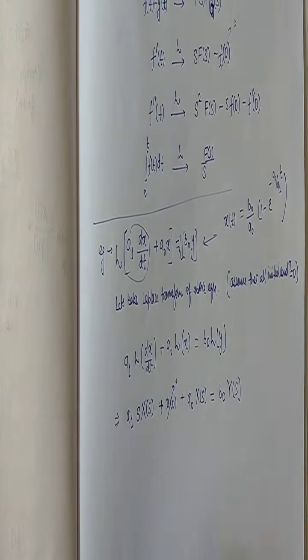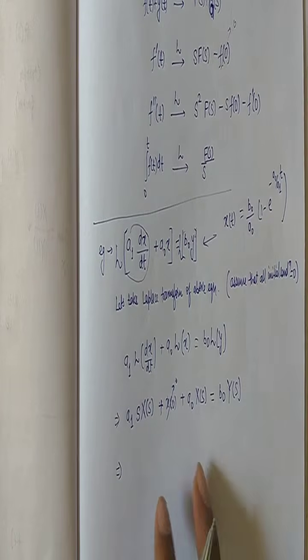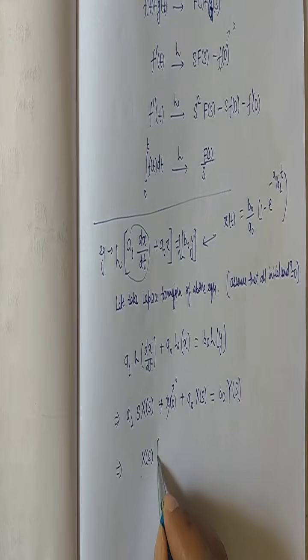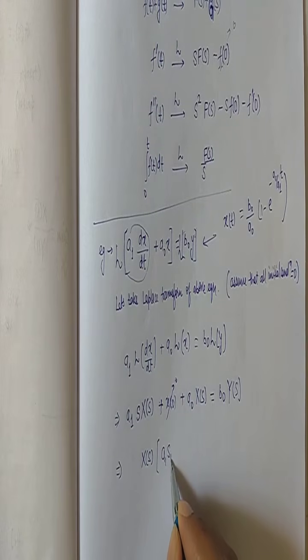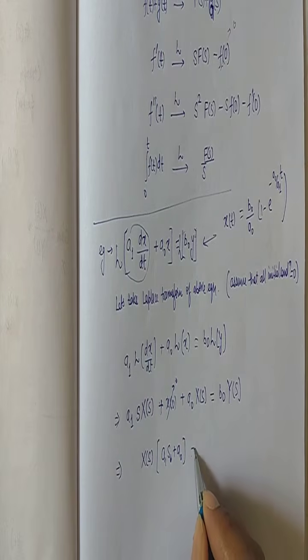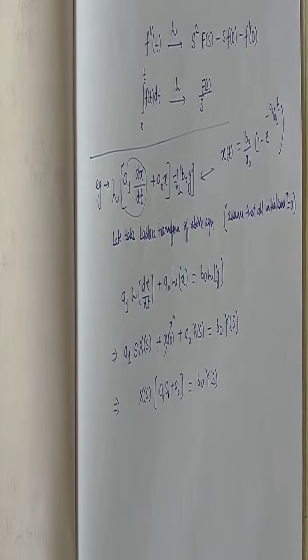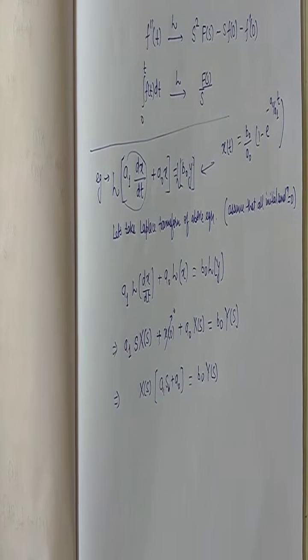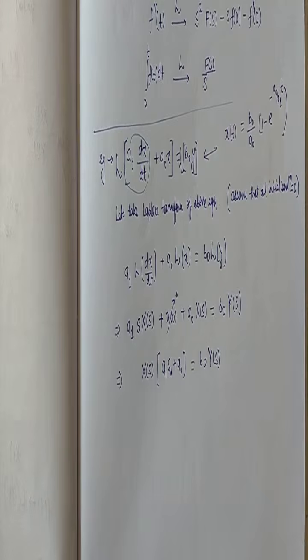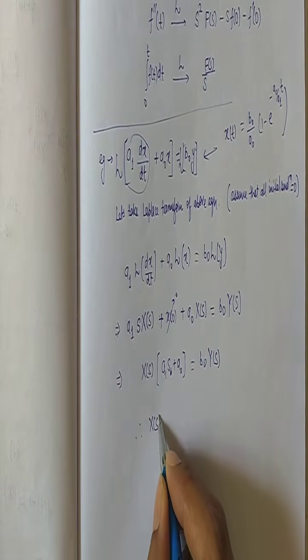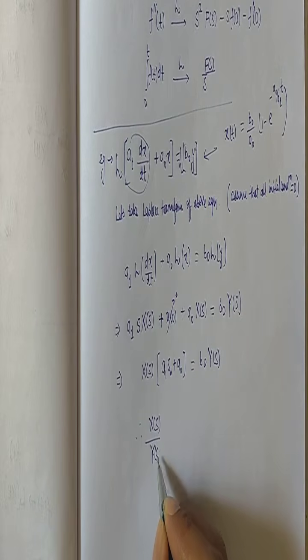Right. Now what we do, X(s) common: (a1 s plus a0) is equal to b0 Y(s). Here I can write my X(s) by Y(s). So this is output by input.